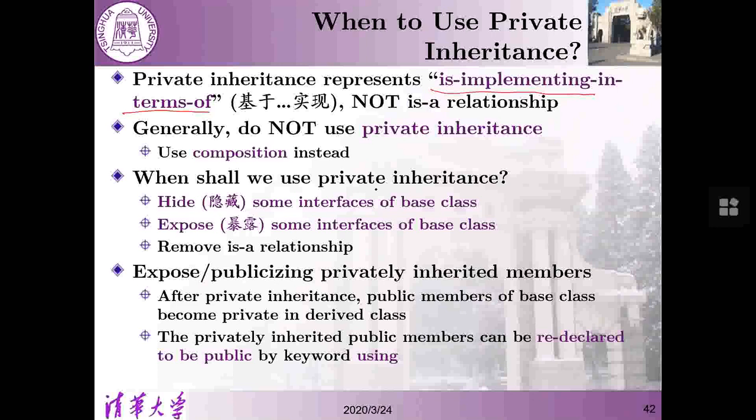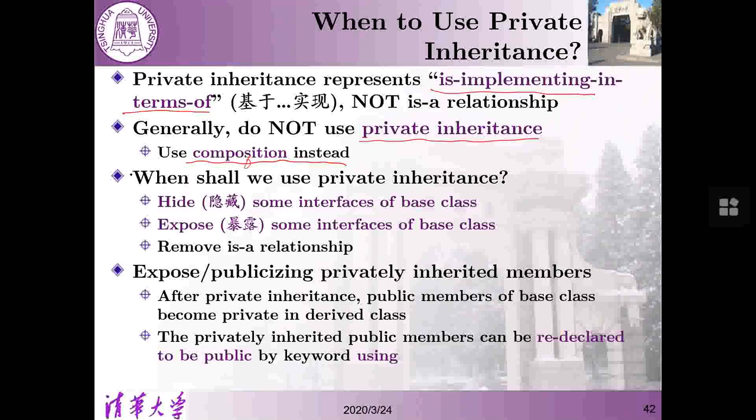However, if we want to implement something based on an existing class, private inheritance is not the only method. In many cases or most cases, composition is enough. We can use composition to implement in terms of, right?